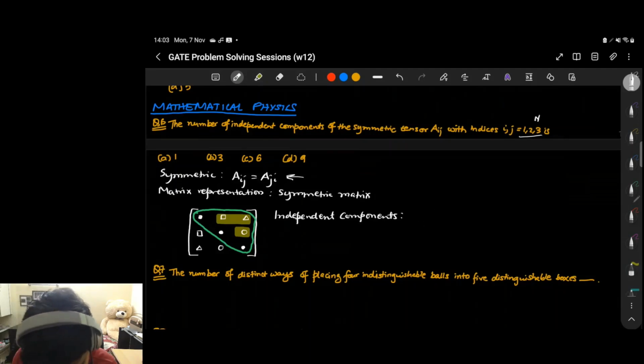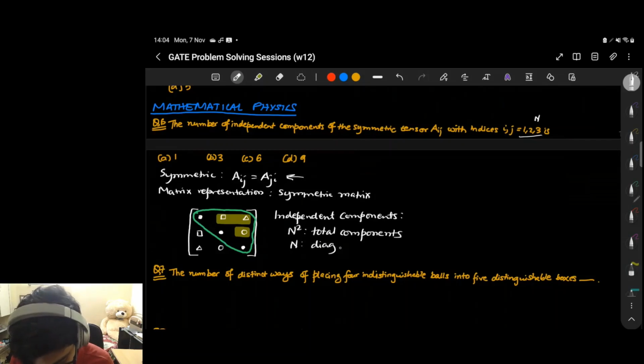So let's see how. The total number of elements, n squared, is the total components, and n is the diagonal components. So the number of independent elements is the diagonal elements plus the upper triangular elements.